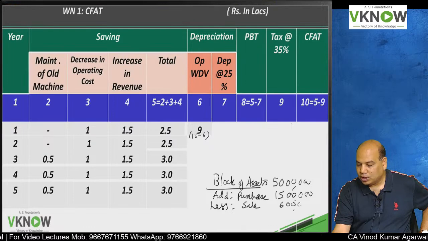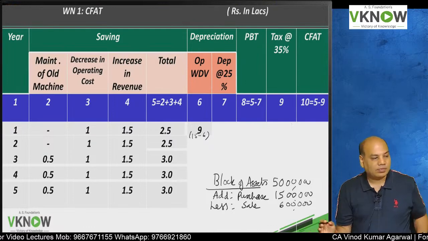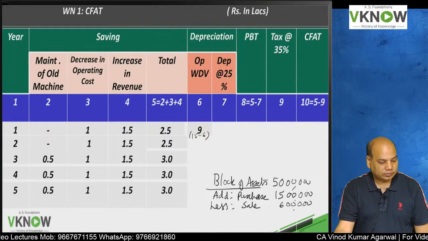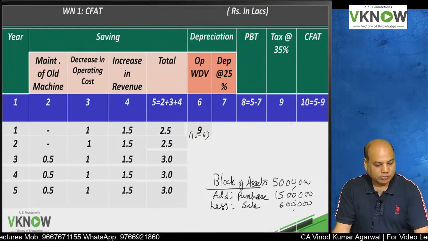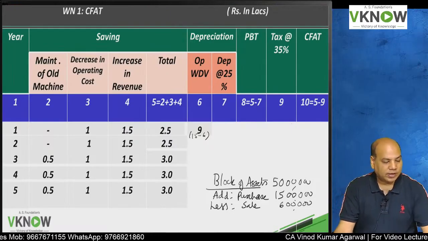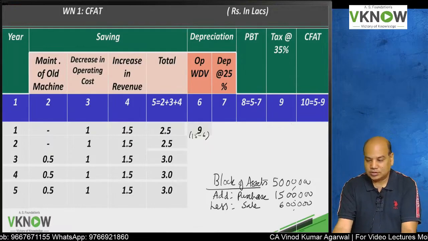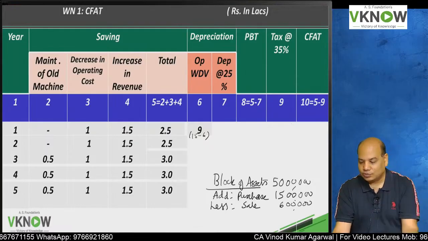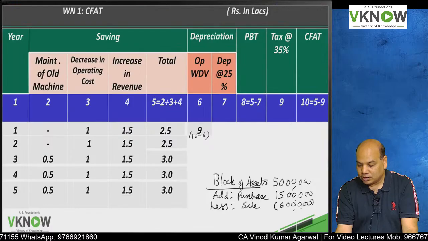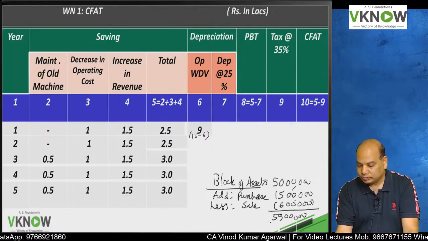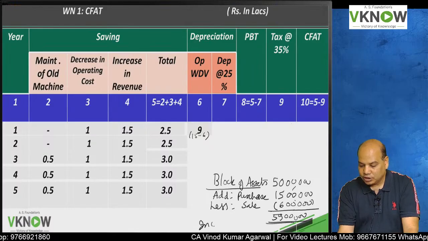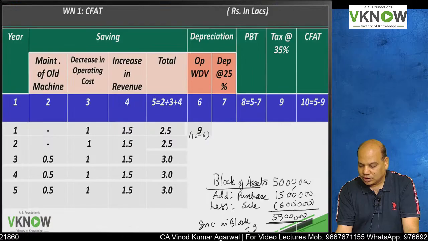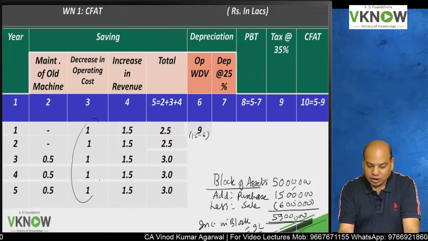The sale value is fully deducted. We don't compute the WDV of the asset sold in income tax. The entire sale value is fully deducted, so minus 6 lakh. Now my block is 59 lakh. Therefore, the increase in block is 9 lakh, and we are following the incremental approach.